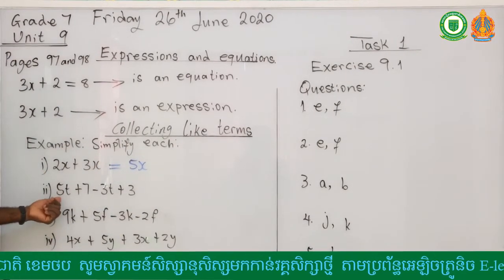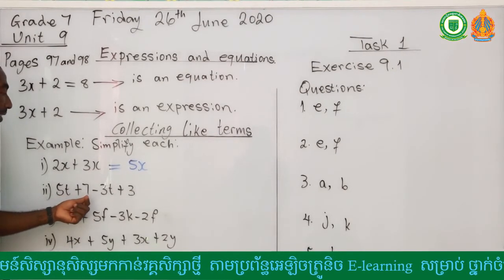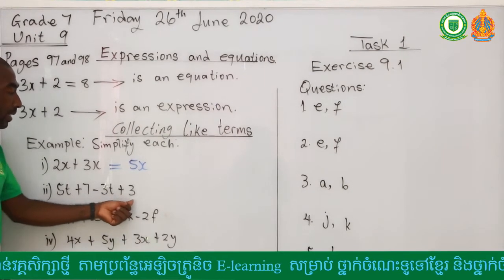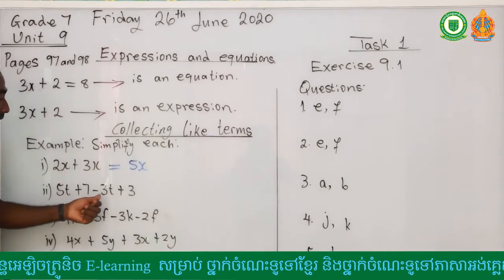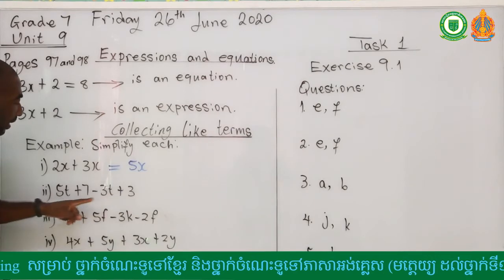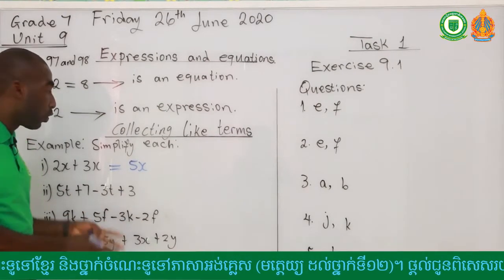Okay, let's look at our second example. 5t plus 7 minus 3t plus 3. Okay, so 5 is coming with t, negative 3 is coming with t, but this 3 and this 7 don't have any letter with them. So we have to do what?